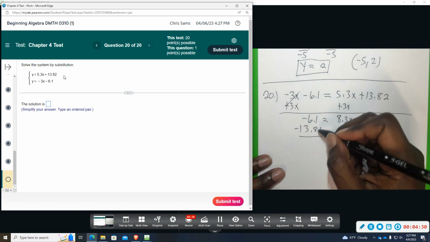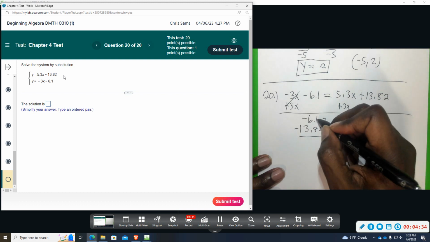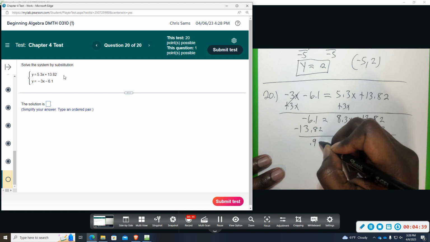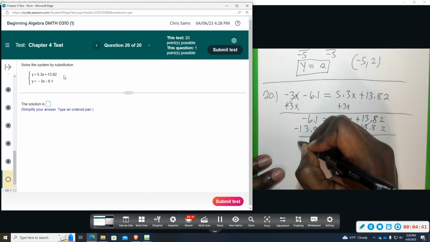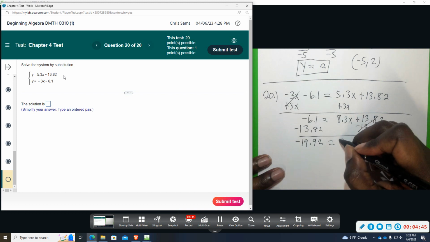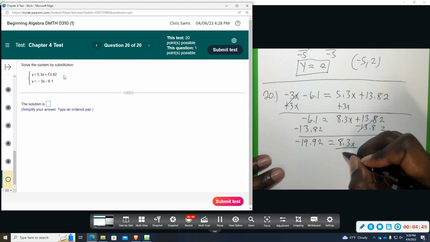Those cancel. Since they're the same sign, I'm going to add these up, even though it says subtract. So it'll give me -19.92 equals 8.3x. Divide by 8.3.